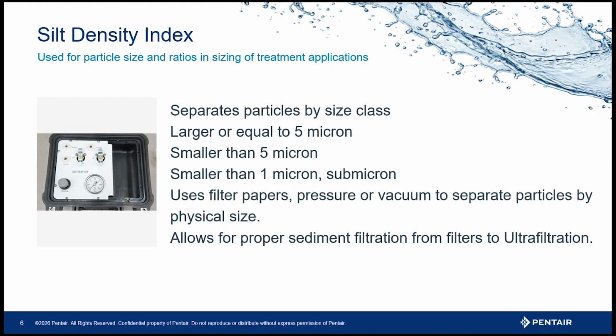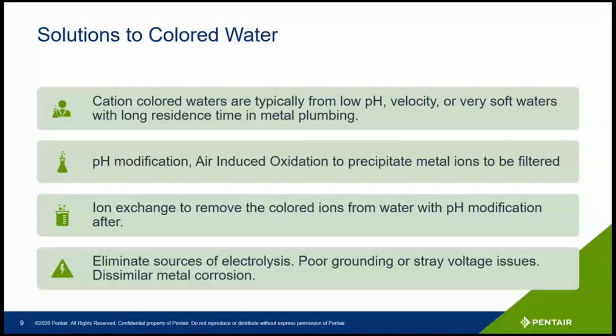The lowest I've seen come out of a well, in my experience, is about 4 in the far northeast. But you may do ion exchange and then pH modification afterwards to protect the plumbing, or pH modification before other treatment steps, depending on what's in the water.